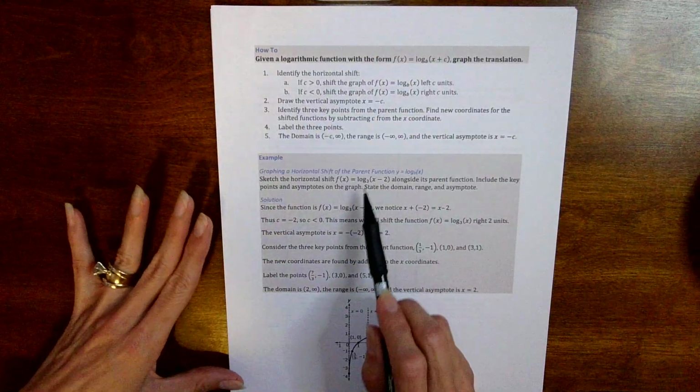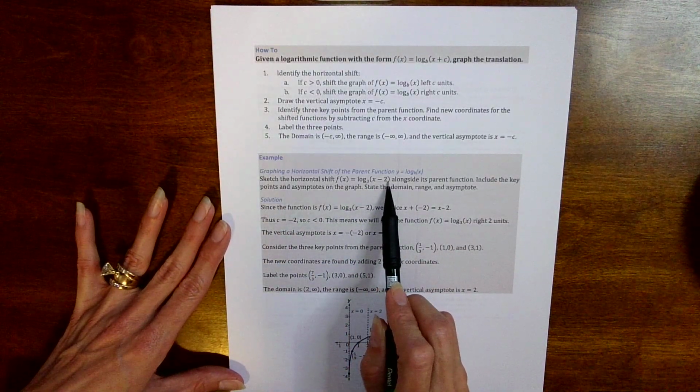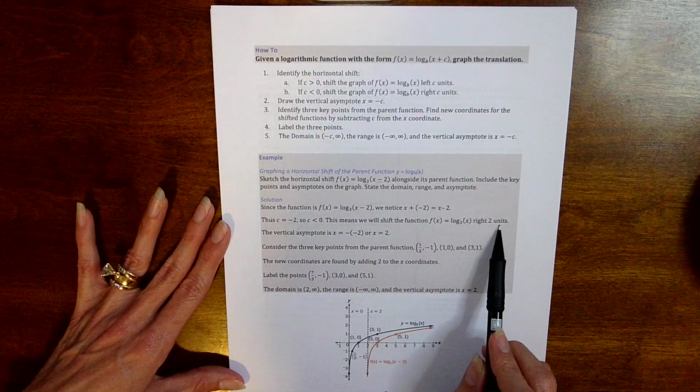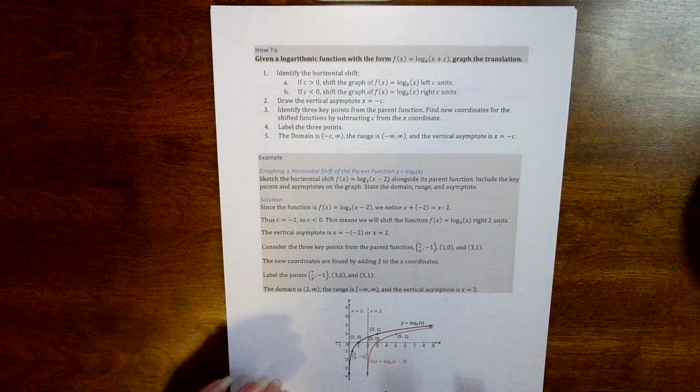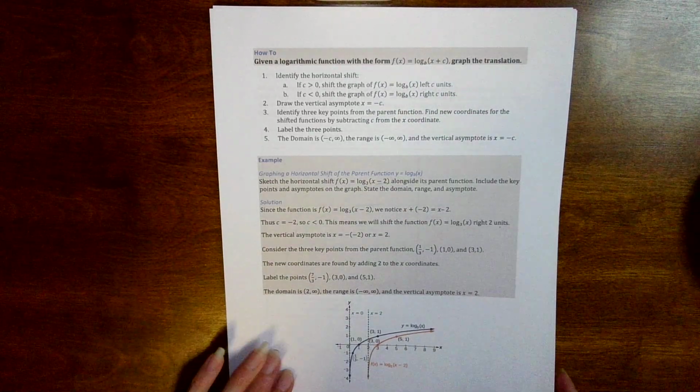So if I have log base 3 of (x minus 2), we take the opposite sign. So this is a minus. We know this would go to the right, or right 2 units. So this is the parent function, and this is the shift.